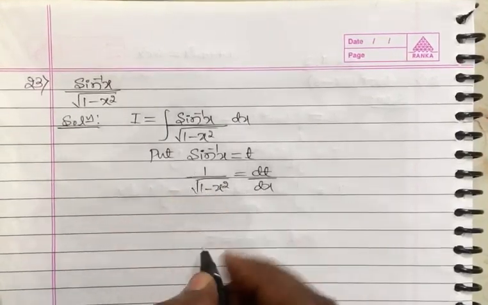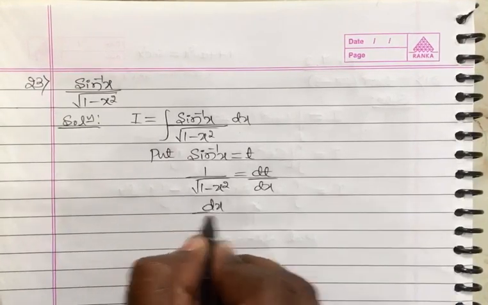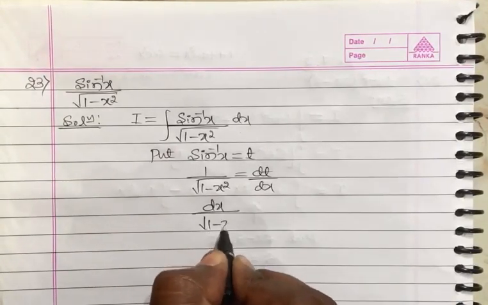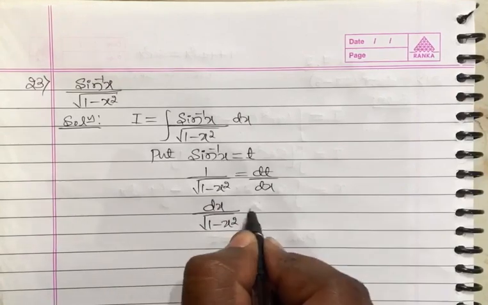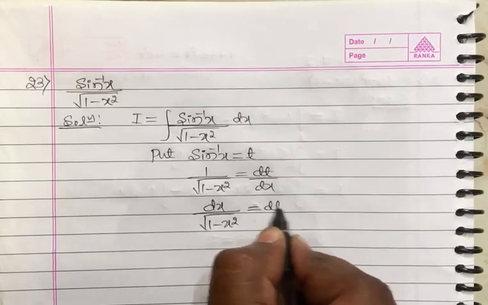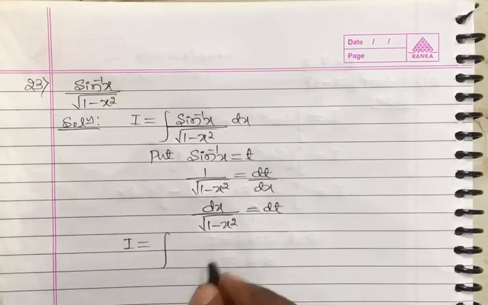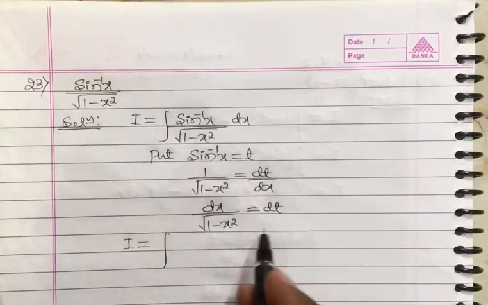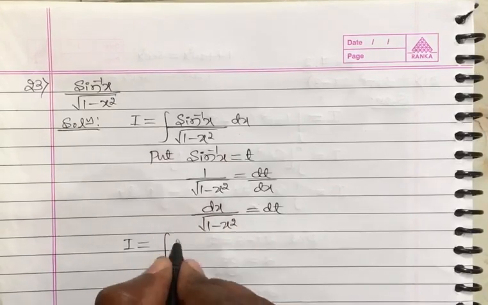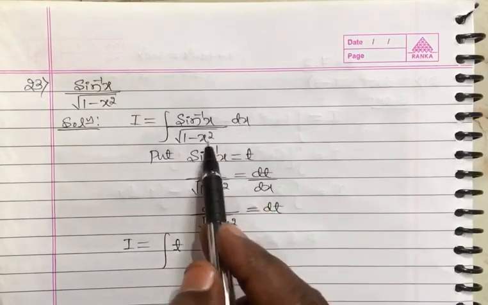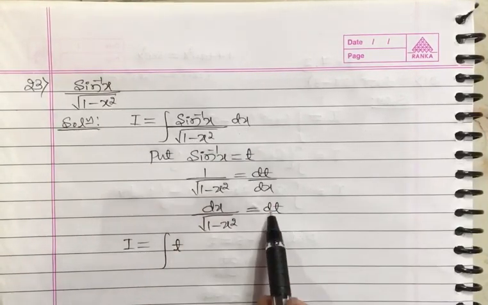So take dx to the LHS. Dx divided by under root 1 minus x square is equal to dt. I rewrite the integral: I is equal to integral sin inverse x, which is nothing but t, then dx by under root 1 minus x square will be dt.